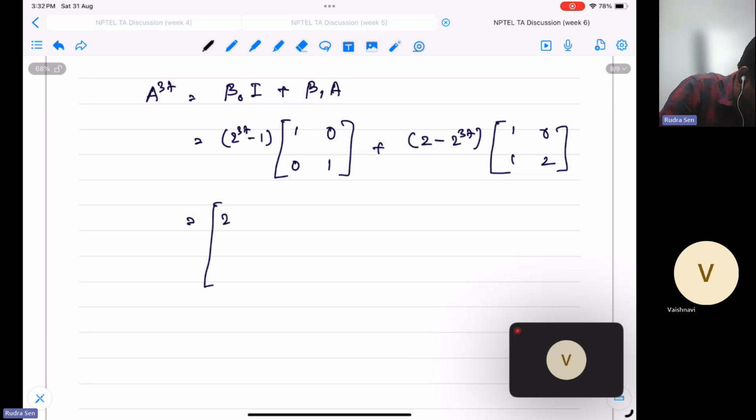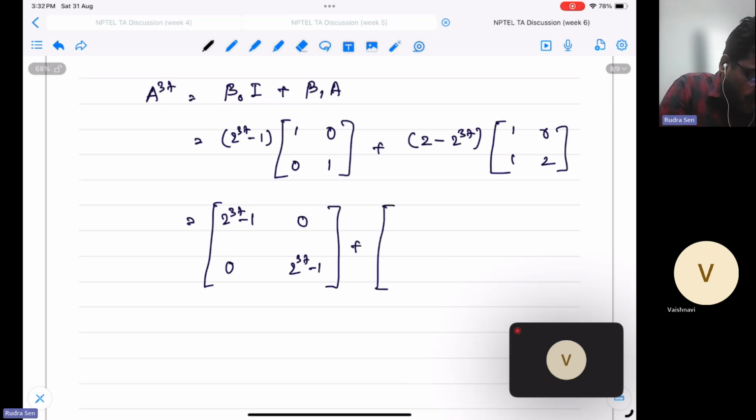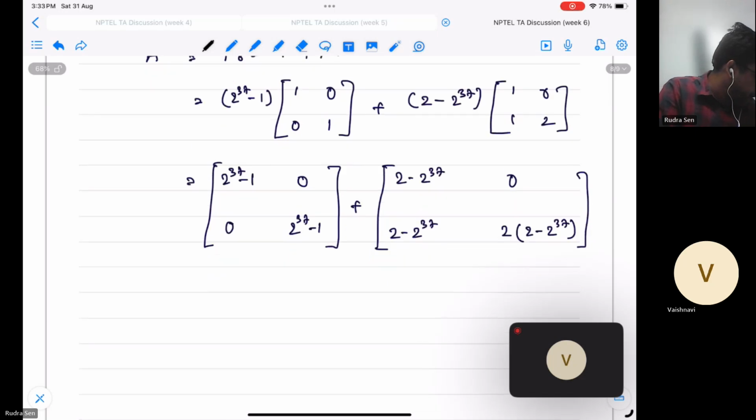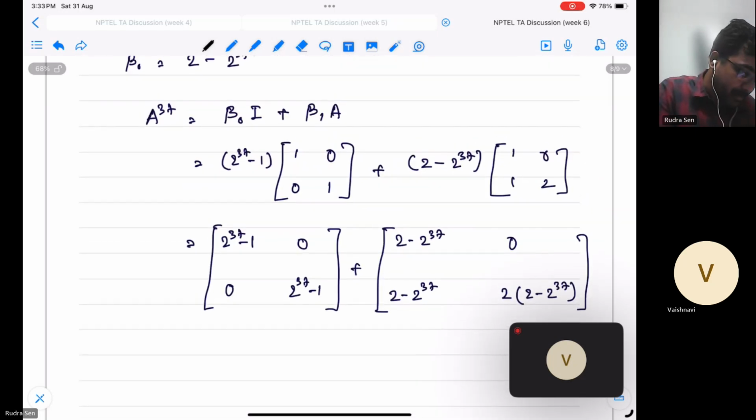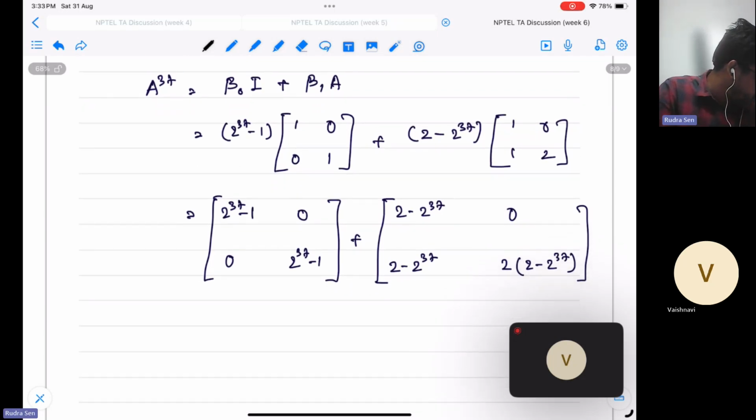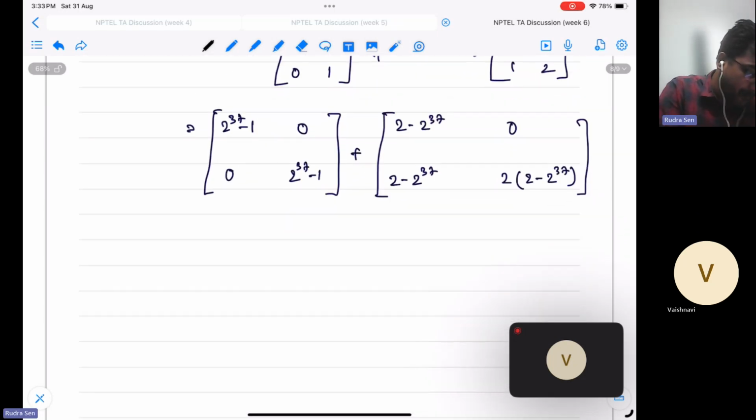So put the values over here. I think I'm doing right. Yeah, now do the calculations.